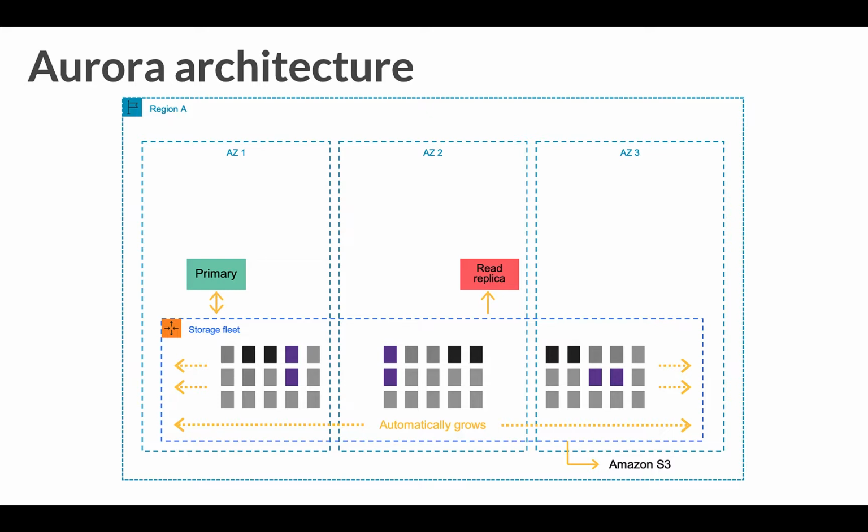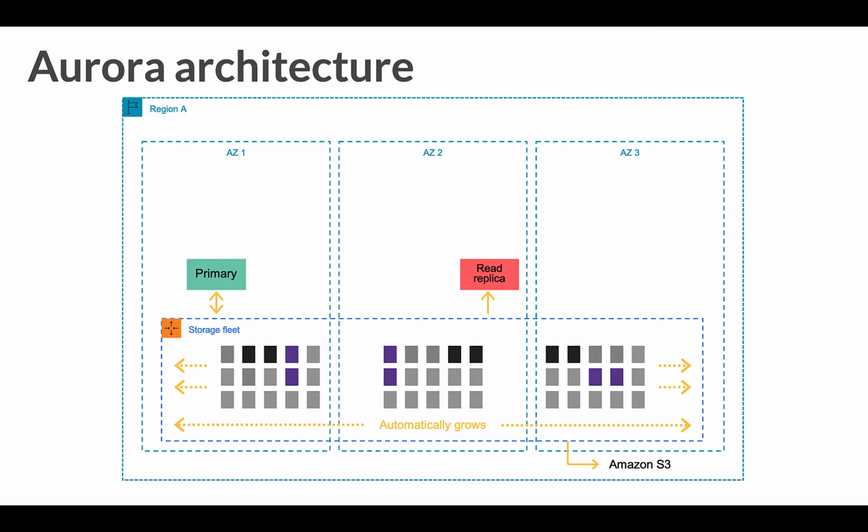Storage volumes get striped across hundreds of storage nodes. The bottom part of the slide represents the storage nodes in gray and purple color. As you can see, these nodes are machines with processing power and memory with locally attached high-speed NVMe SSDs. And the database process doesn't know the intricacies of the storage.